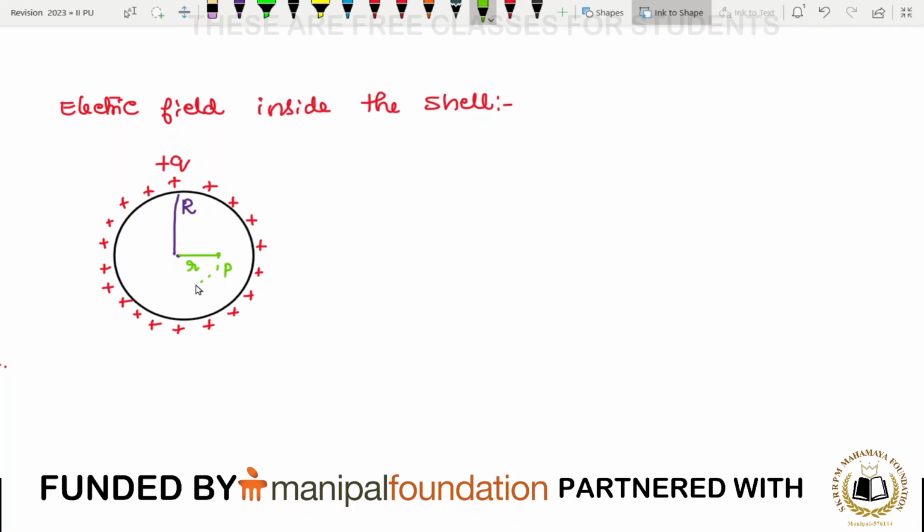So join all the points here. At the distance r, the field everywhere remains the same. Now that is called the Gaussian surface. This one has surface charge density sigma, and this dotted one is called the Gaussian surface.